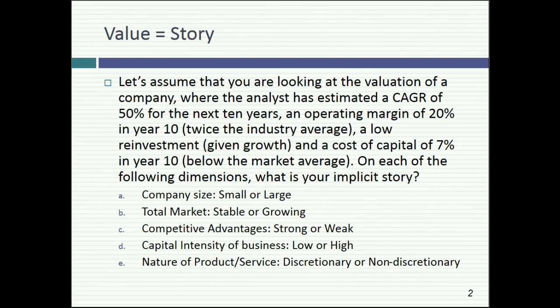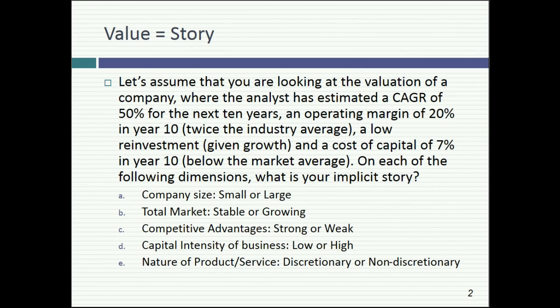And finally, do you think I'm selling products and services that are discretionary or non-discretionary? You see, what does that even matter? We already talked about betas. We talked about one of the factors that drives your beta: is your product or service discretionary? If you produce a luxury good, usually you're discretionary, so what happens?